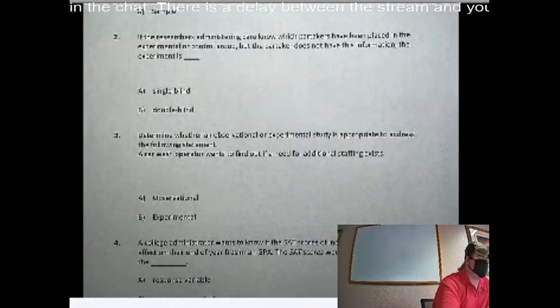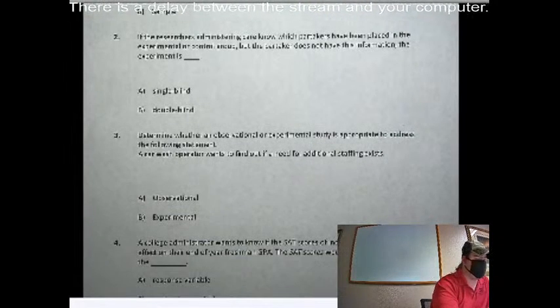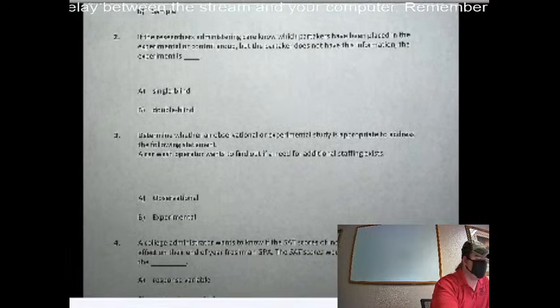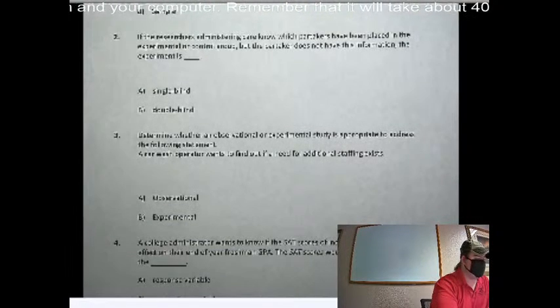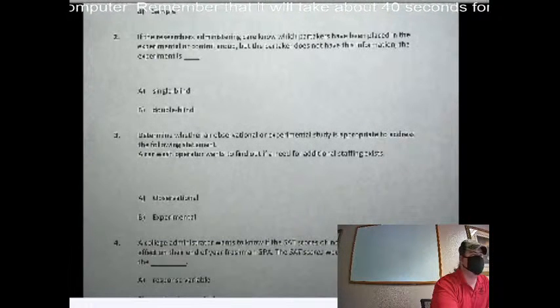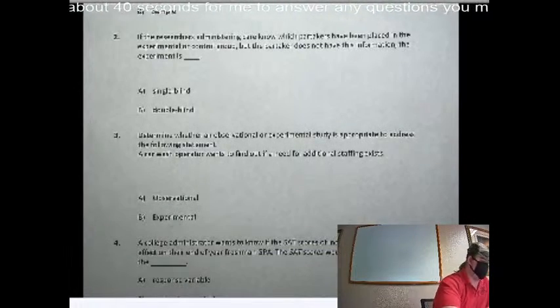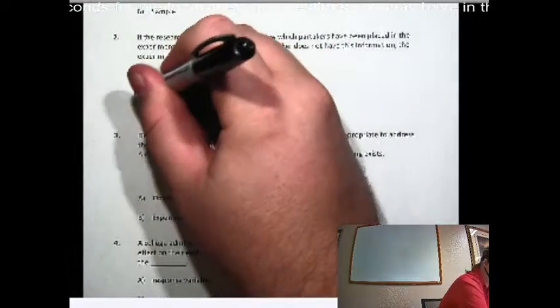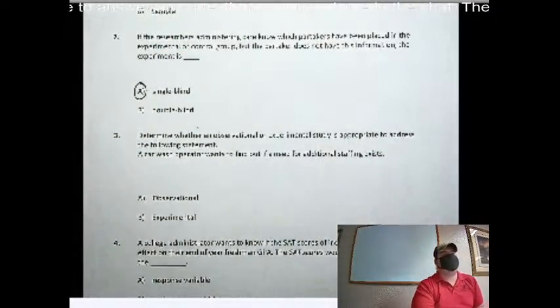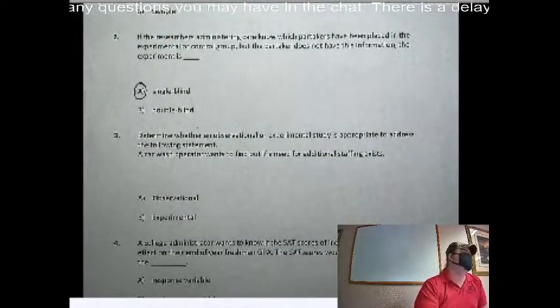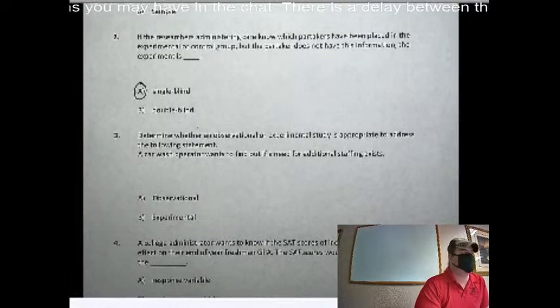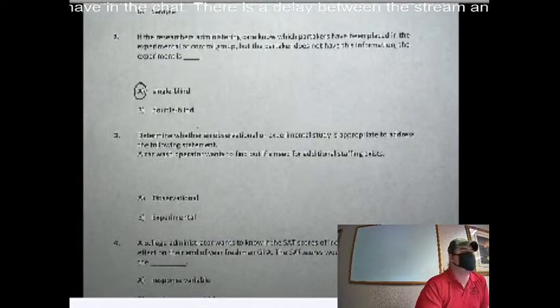If the researchers administering care know which partakers have been placed in the experimental or control group, but the partaker does not have this information, the experiment is what? Single blind or double blind? Single blind. Good. Single blind is where the researchers know what group each participant is in, but the participants don't know, of course.